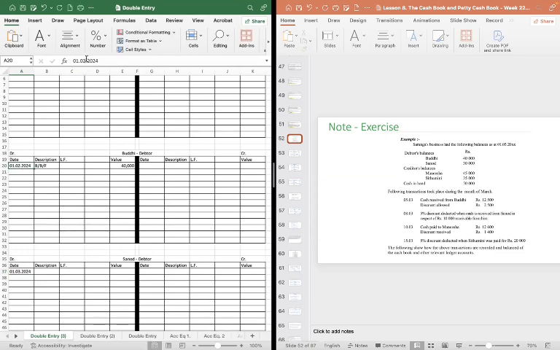This one also should be March. So balance brought forward, now it's 30,000.